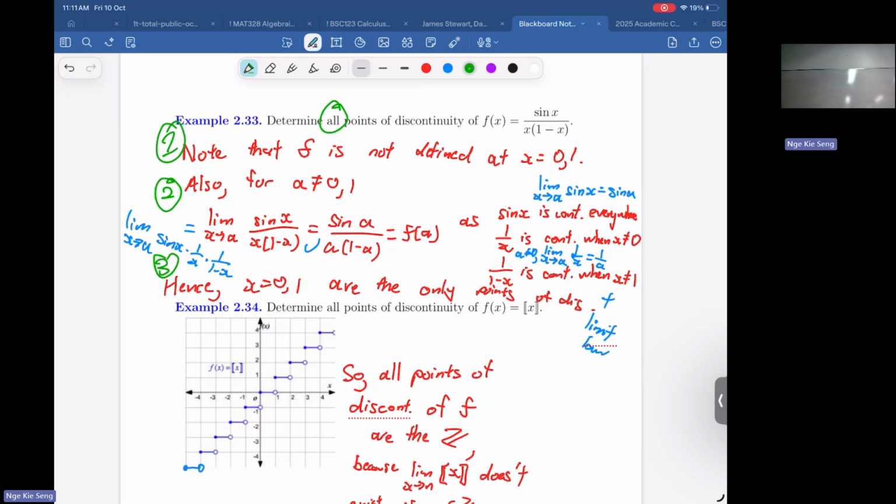Does it make sense? You know the limit of each individual function. Once you know the limit of the individual functions using the limit law, you can take the product of the limits. You remember the first hour?